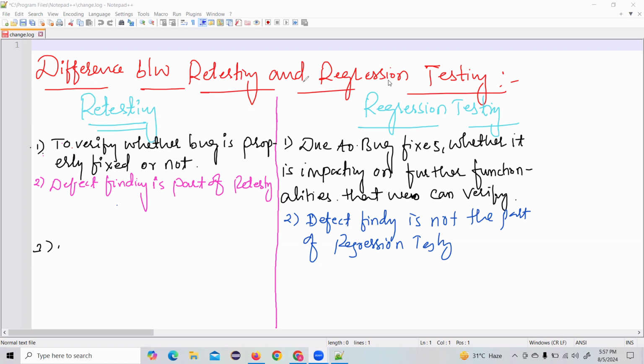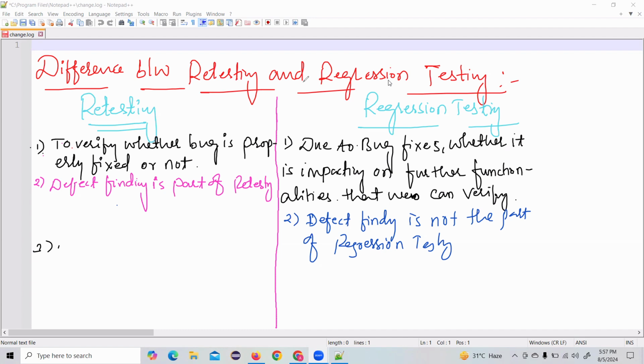I told you, like earlier requirements, again newly added scenarios. If you have any defects, you have to check them. If you have any past test cases, you also have to check them under regression testing. But under retesting, we can check only failed test cases.